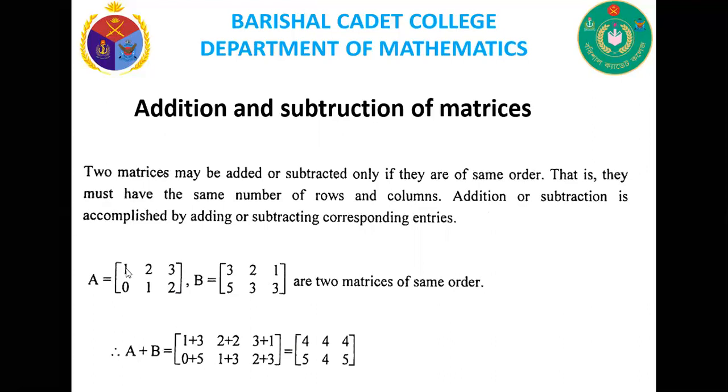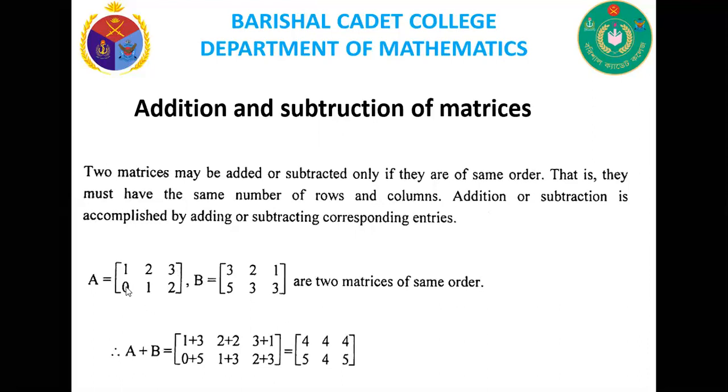Here the first one is 1, here the first one is 3, we have to add. Here the second one, that is first row second column, is 2, here first row second column is 2, first row third column 3, first row third column 1.